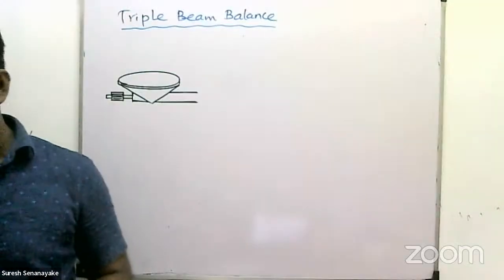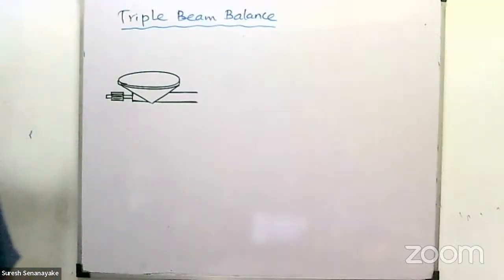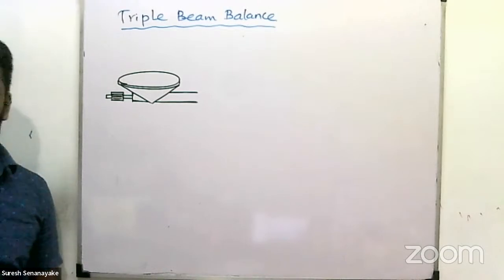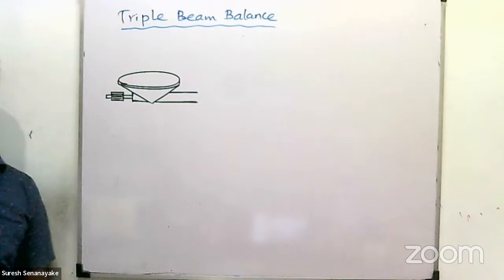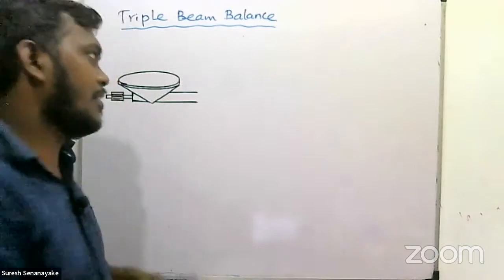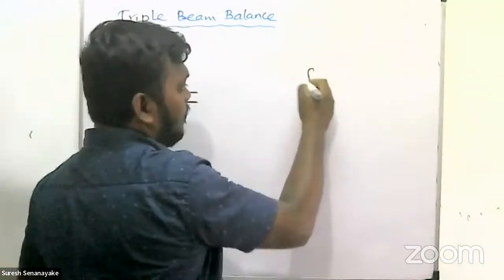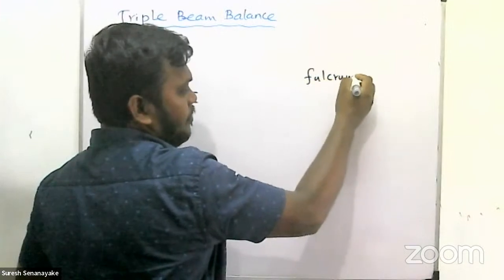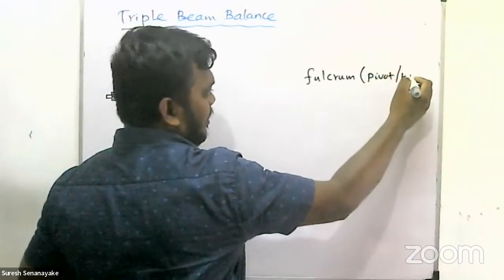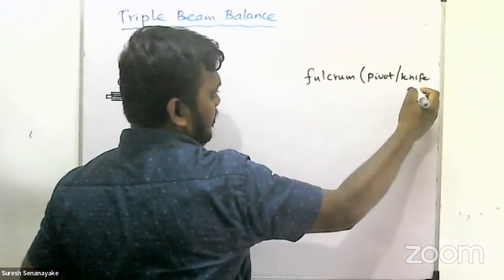It has a beam which is supported by a pivot or knife edge. We call it a fulcrum. The beam is supported by a fulcrum. The pivoting point is a knife edge.